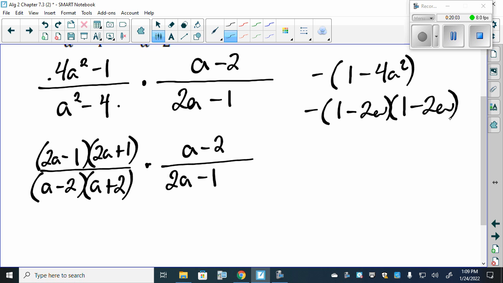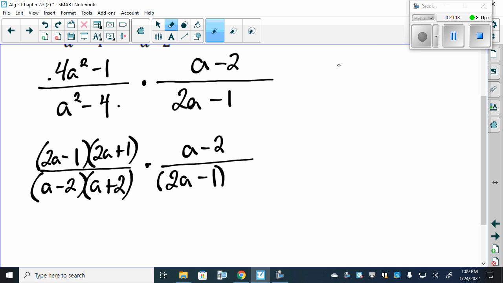And the one on bottom that we had is 2a minus 1. So we need the signs to be the exact same. So flipping it makes the 1 positive instead of negative, and the 2a negative instead of positive. So we need them to be the exact same for that to work.